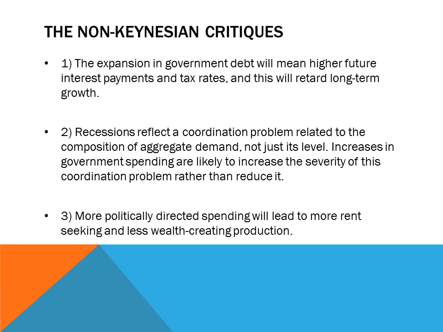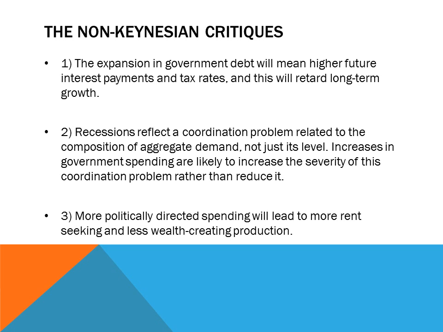Since we spent much of our time looking at the Keynesian view of economics, we should see some non-Keynesian critiques. First, the non-Keynesians would argue that the expansion in government debt will mean higher future interest payments and higher future tax rates. This will retard long-term economic growth. Secondly, recessions really reflect a coordination problem related to the composition of aggregate demand.